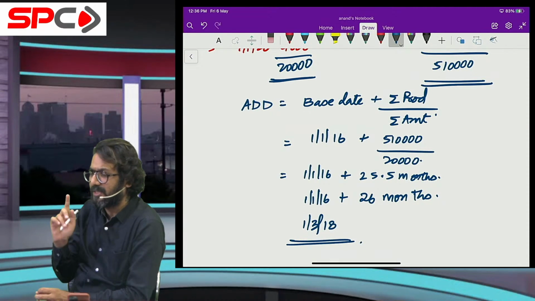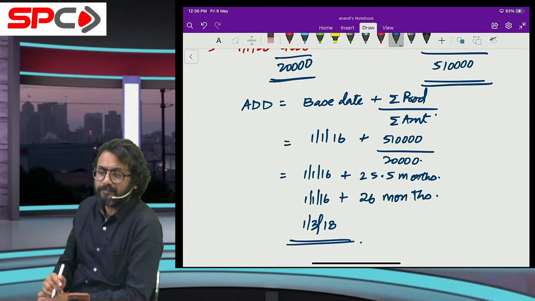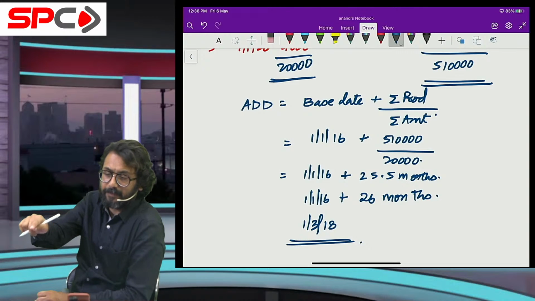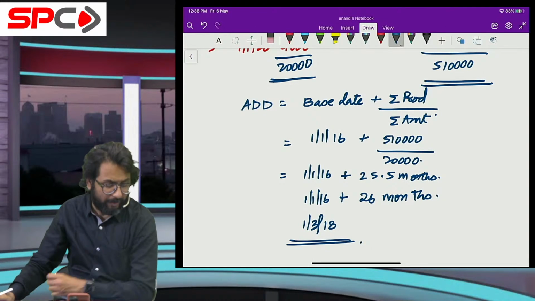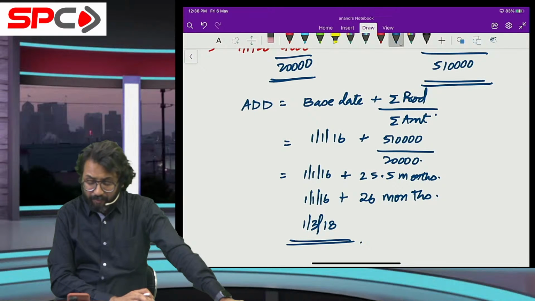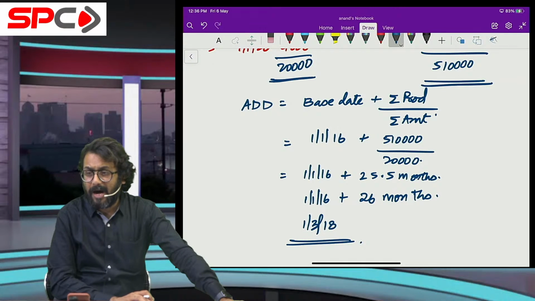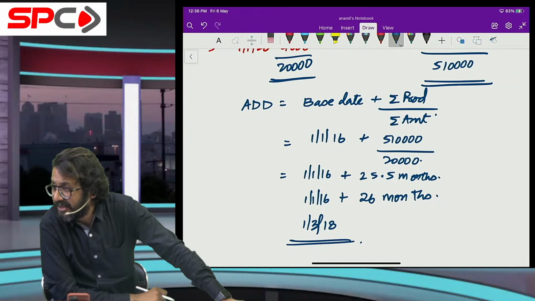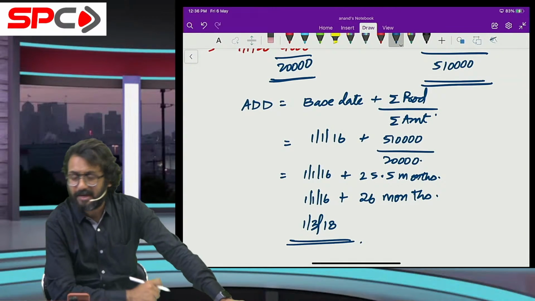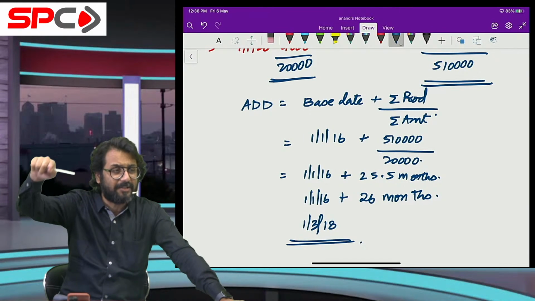Now everyone's attention here and pin drop silence. When did you borrow the money? Please check, no hurry. When did you borrow the money? You say 1st Jan 15. When are you making the payment? 1st March 18, being the average due date. Rather than making payment on different dates, you are making the payment on 1st of March 18.